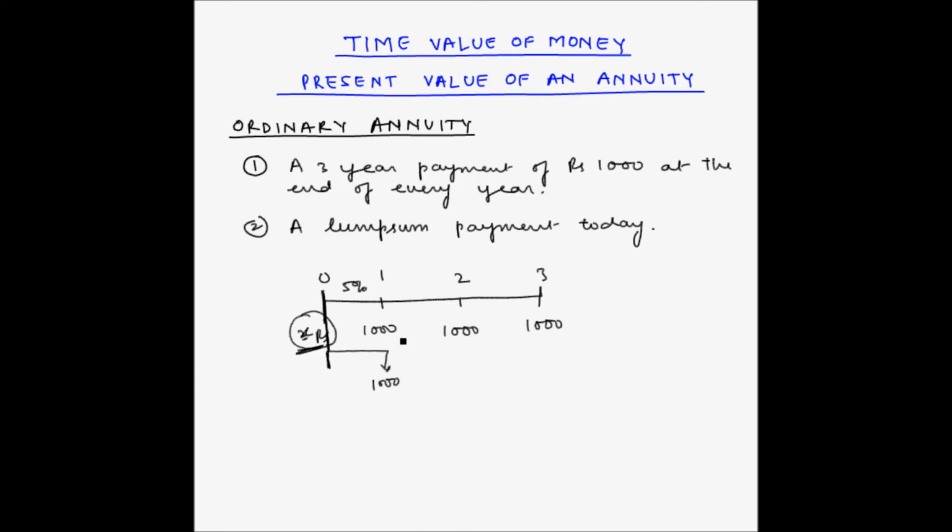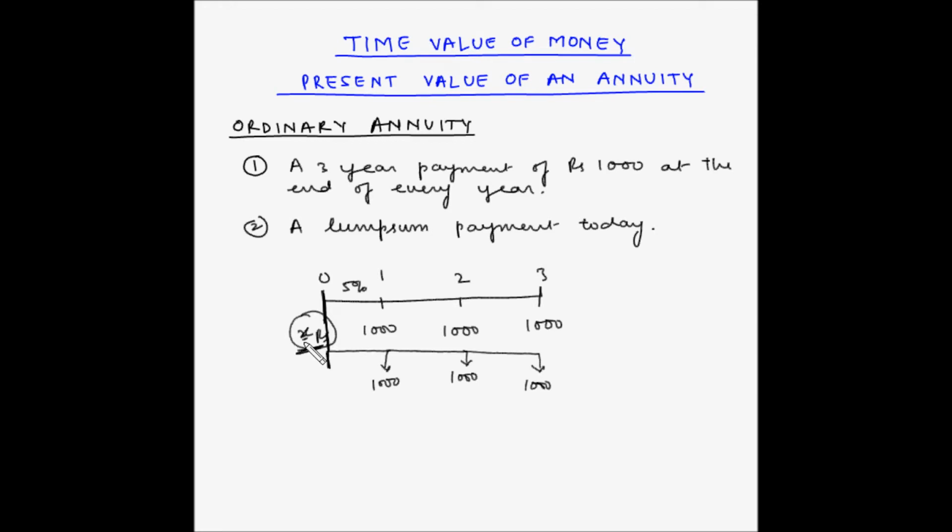The remaining amount that you have invested continues to gain 5% interest. Again, you can withdraw 1000 rupees at the end of second year. The remaining amount still continues to gain interest for the third year, and then again you can withdraw 1000 rupees at the end of 3 years.